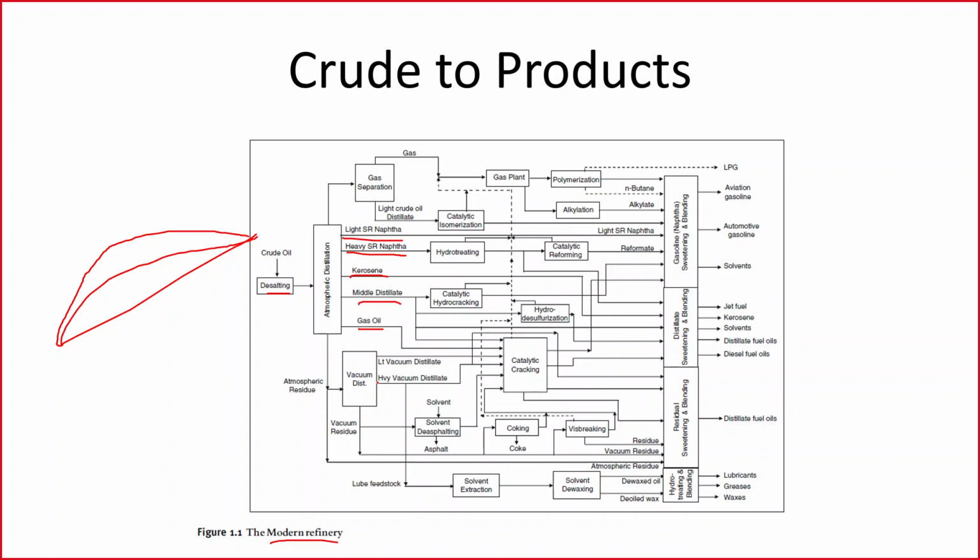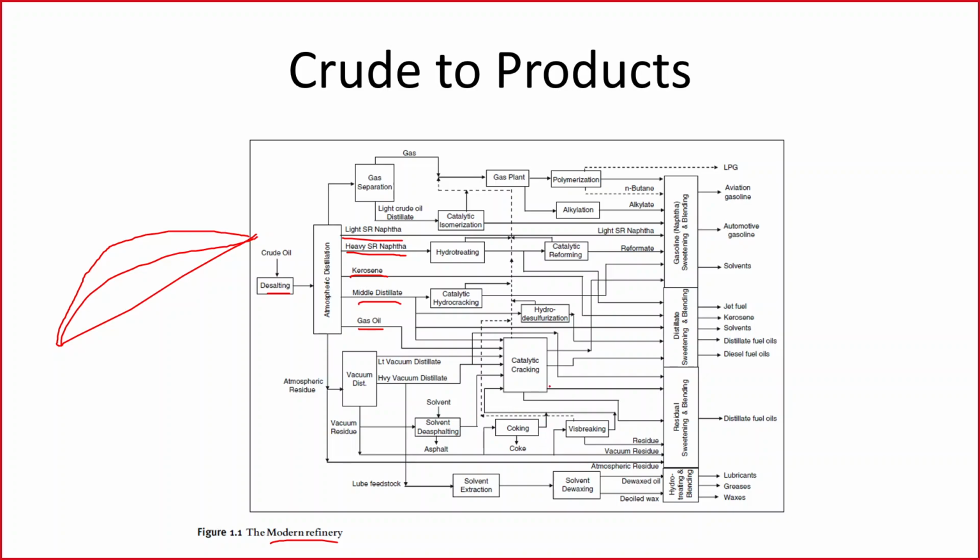So that's why we do the vacuum. With this vacuum, we can still operate at the same range of temperature, but we will get more products out of that. We'll get more of what is remaining of this naphtha, kerosene, distillate, and so on from this vacuum distillation unit. So from this vacuum oil, as we call it, it can go to catalytic cracking, and it can go to all kinds of units.